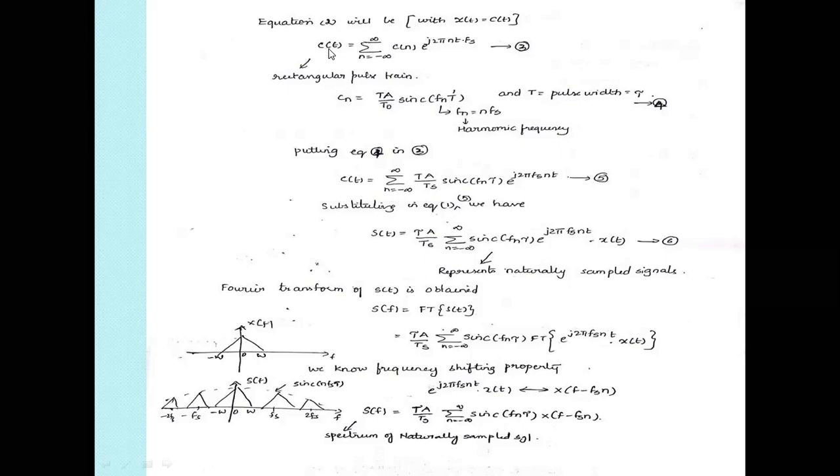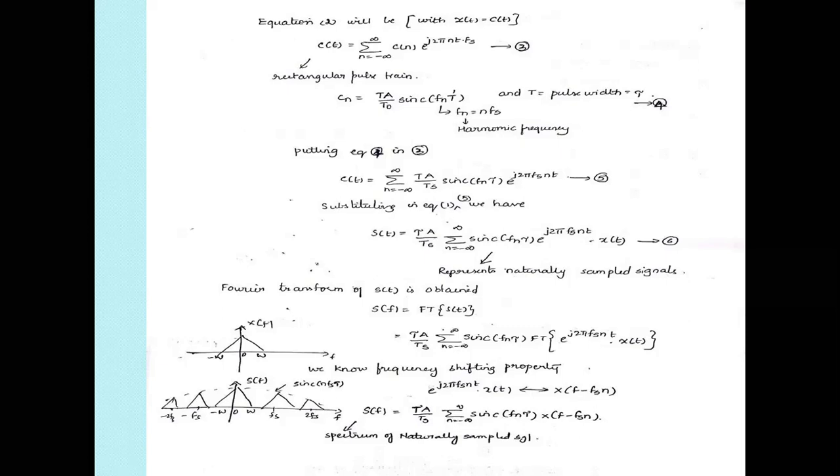How we got Cn is equal to tau into A by T naught into sinc of f n into tau, where tau is the pulse width of the function.